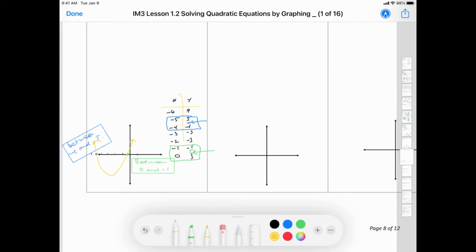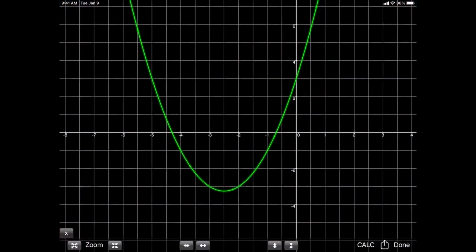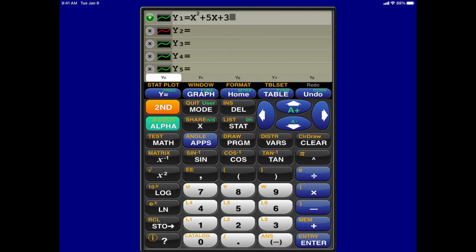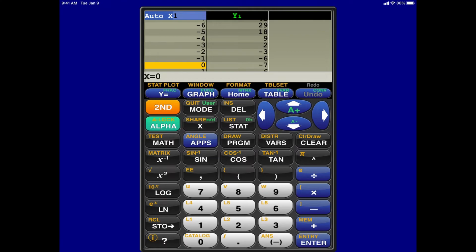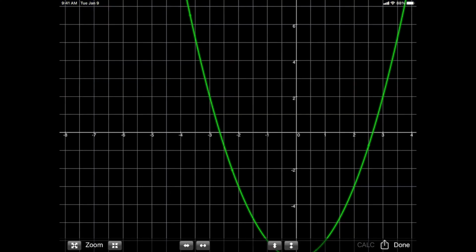Let's go ahead and try question number 22. I'm going to put in x squared minus 7. Table. I'm looking for where it changes from positive to negative. And you just take a picture of that. Go to graph.